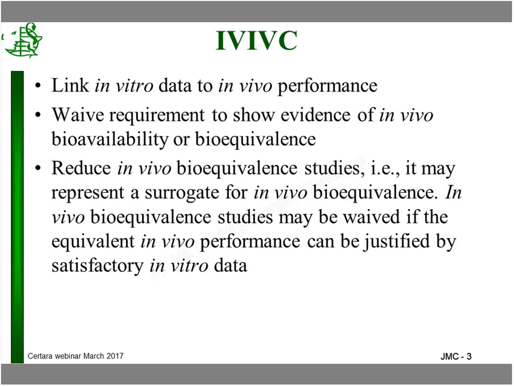So very often IVIVC is going to be used with the in vitro data as a surrogate of the in vivo. What is the aim? The aim is to reduce the in vivo bioavailability studies. That means to use in vitro as a surrogate of in vivo bioequivalence. And in this case, if we have something which is quite correct with the IVIVC, we can reduce the number of studies.